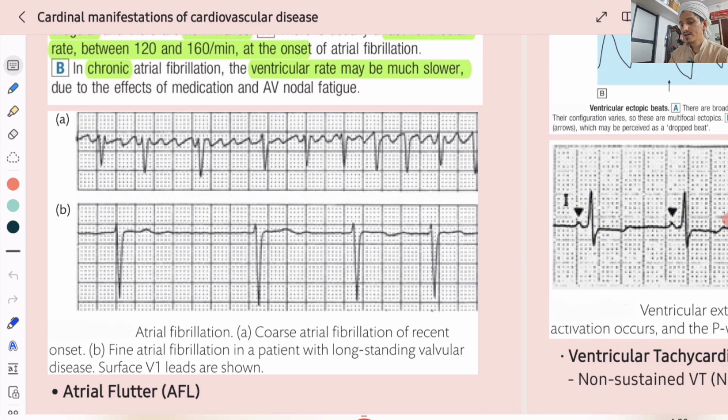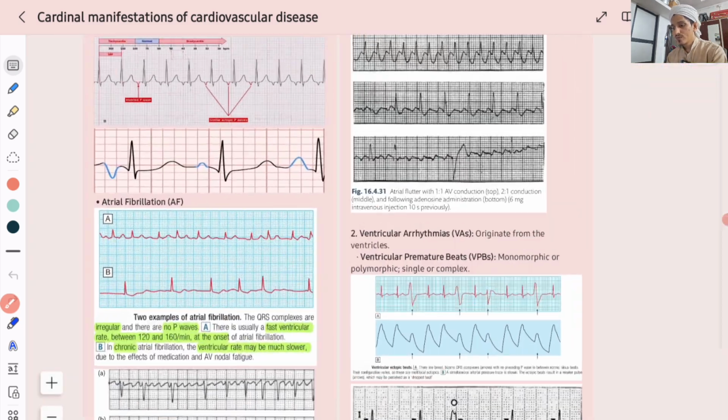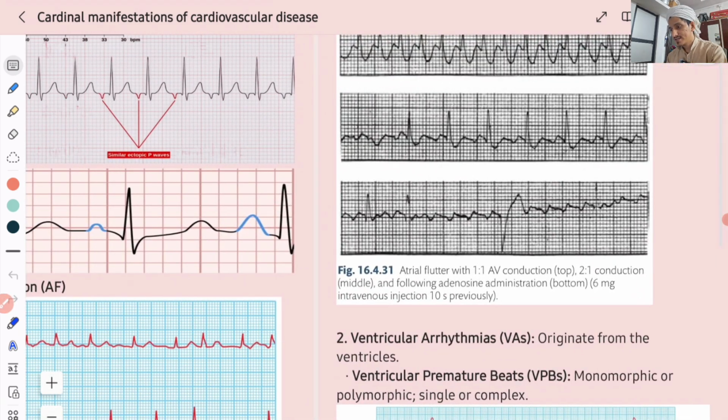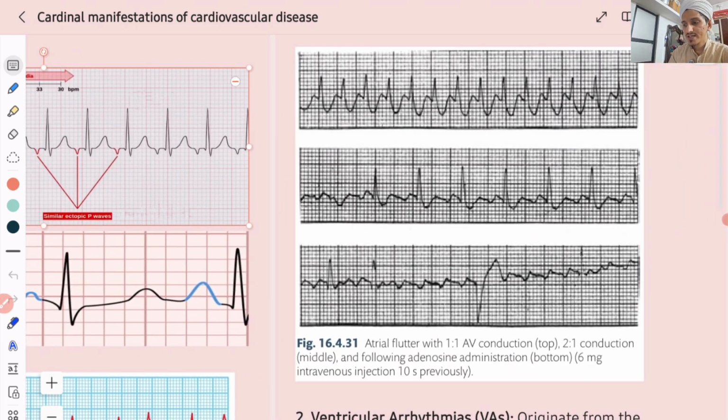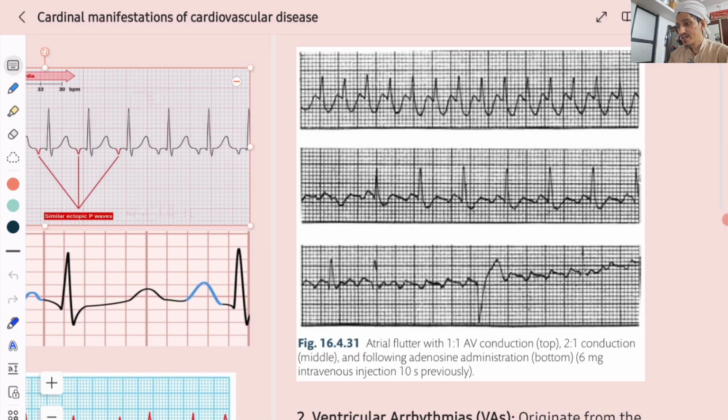Then moving on to atrial flutter. Now in atrial flutter the rate will be some 250 to 300, 350. Every P wave is followed by a QRS complex.